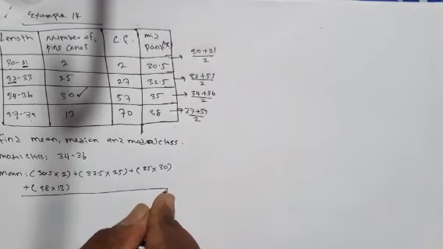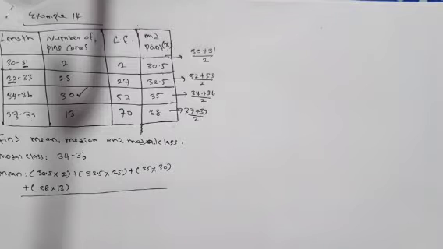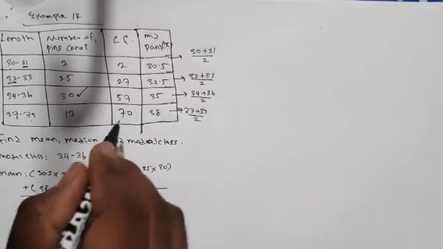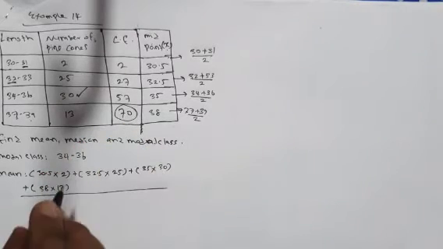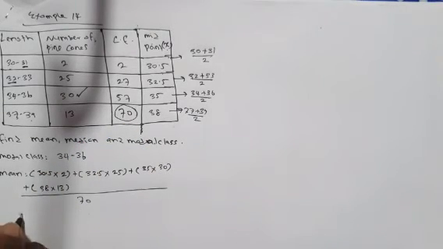And then just like for frequency tables, we divide this by the cumulative frequency total, which is 70, which means our mean now becomes 34.54.